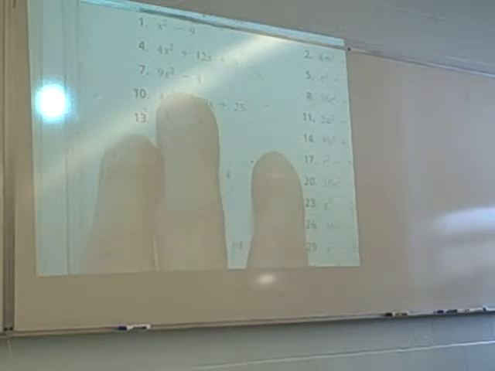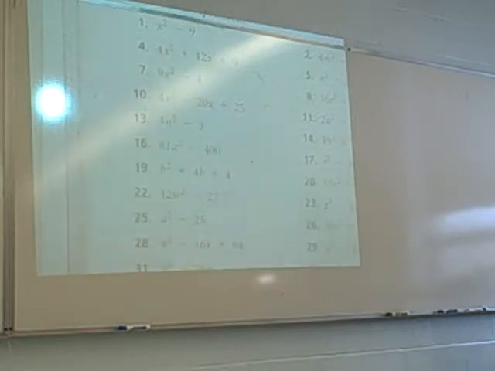Now, could we do the area model if you totally spaced out on this being a difference of perfect squares? Could I do the method I've taught you previously? Yes. But this is just a shortcut. If you know the shortcut, you can use it. If not, you can do the method that we've done before.